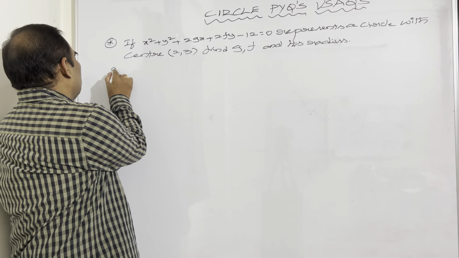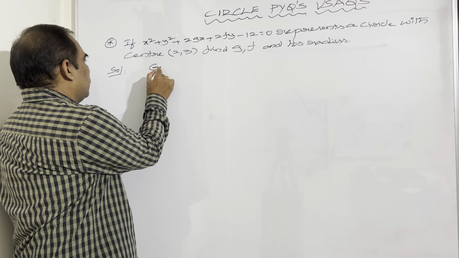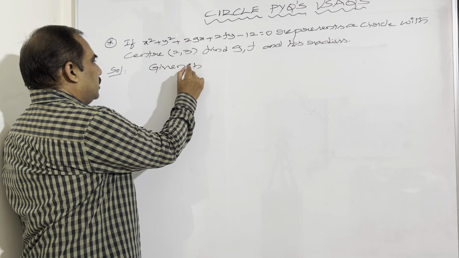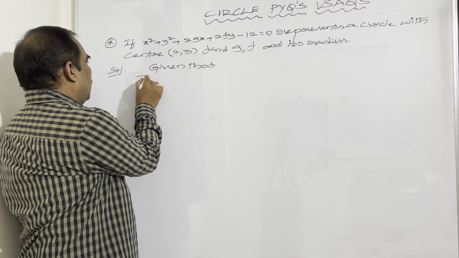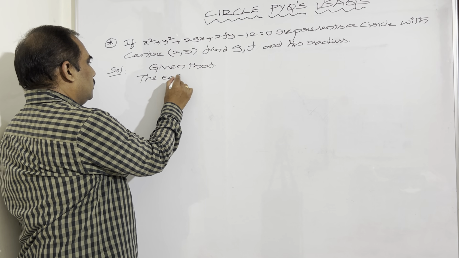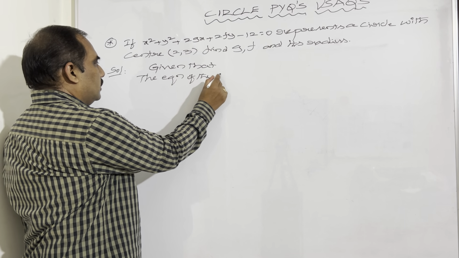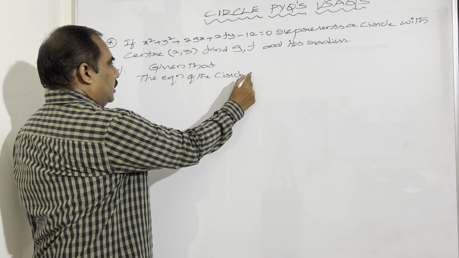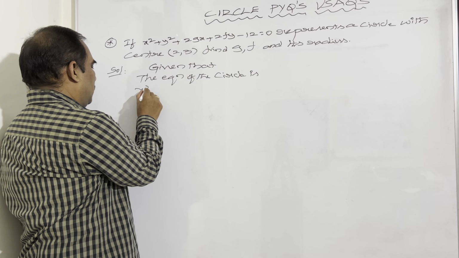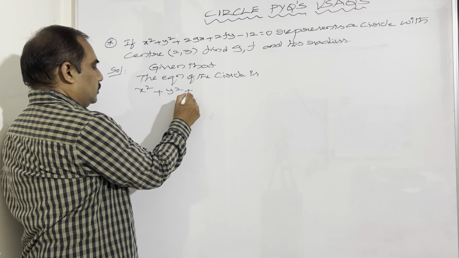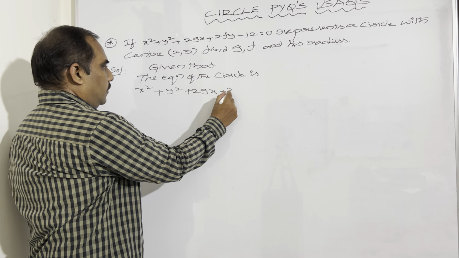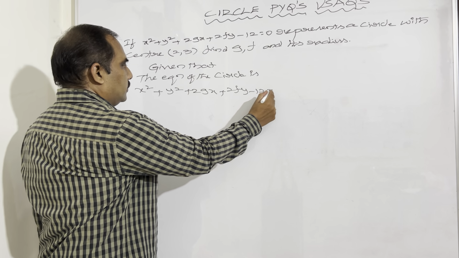Now here in the solution, the given equation of the circle is x² + y² + 2gx + 2fy − 12 = 0.